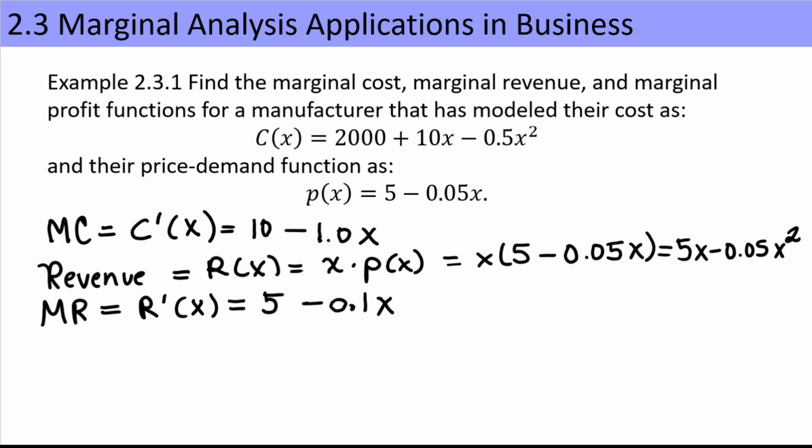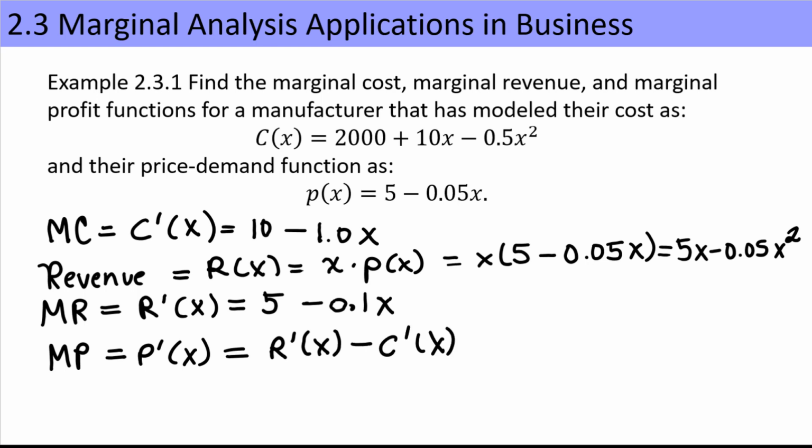And finally, we've got marginal cost, marginal revenue, and the marginal profit, which is P prime. We can compute this, pretty straightforward, as the marginal revenue minus the marginal cost. The marginal revenue we just got was 5 minus 0.1x, minus the marginal cost, which is 10 minus 1.0x.